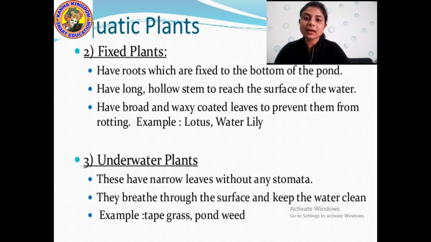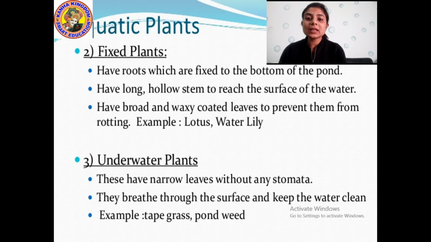Now what is stomata? Stomata are the tiny openings present below the surface of the leaf, which help the leaf to exchange gases with the atmosphere. What is stomata?